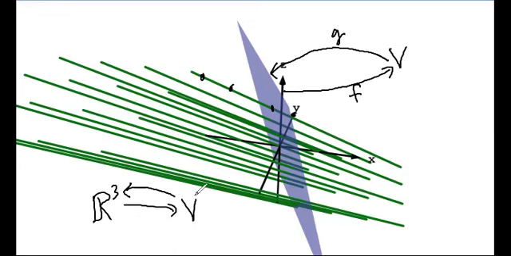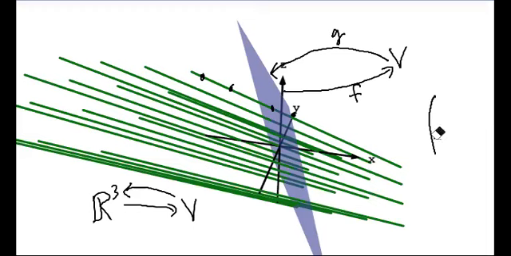Now, there are many different kinds of right inverses that we could potentially have. Here's just one quick example. Let's suppose that we have, so here's our example.